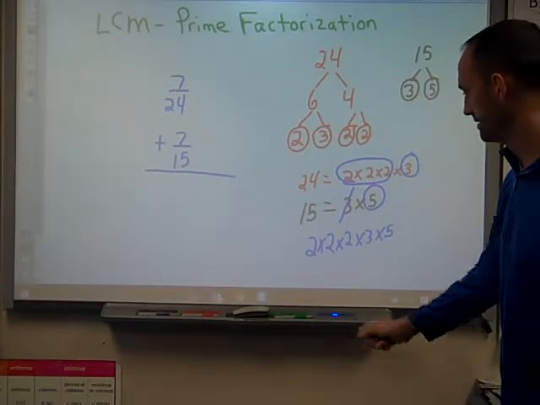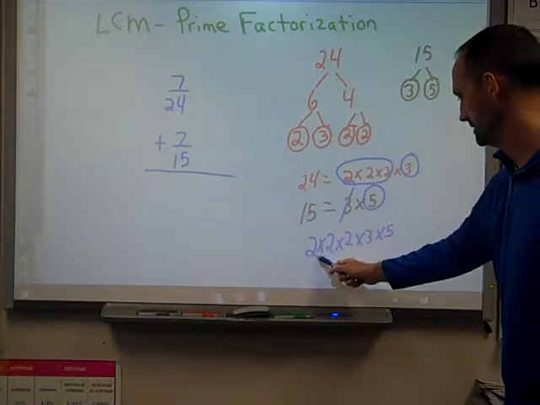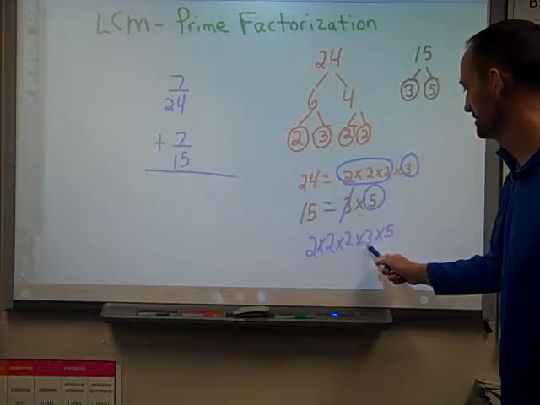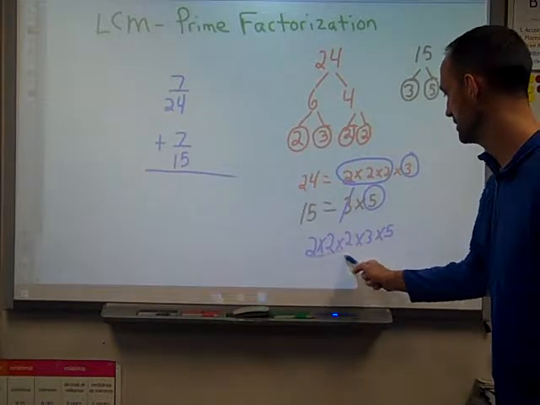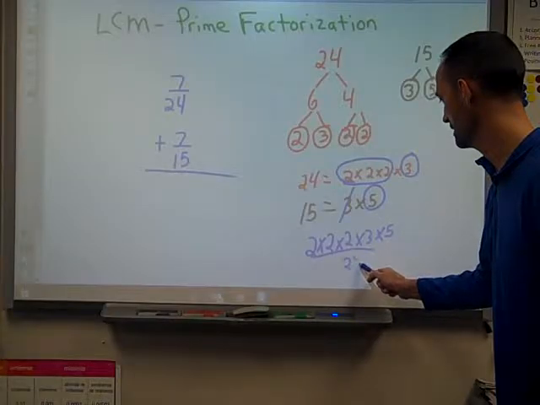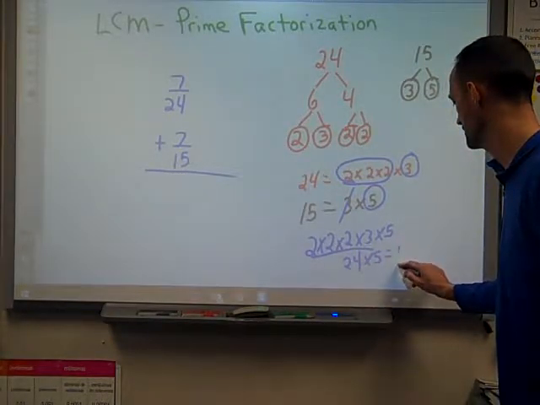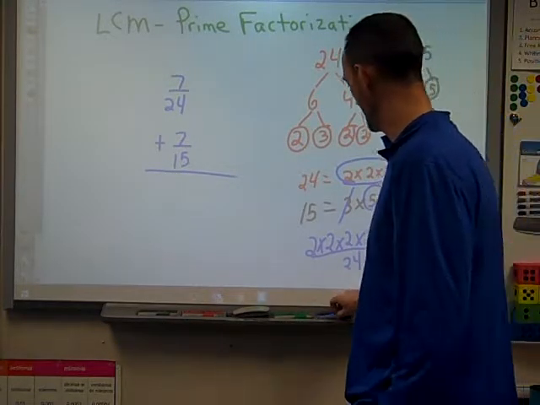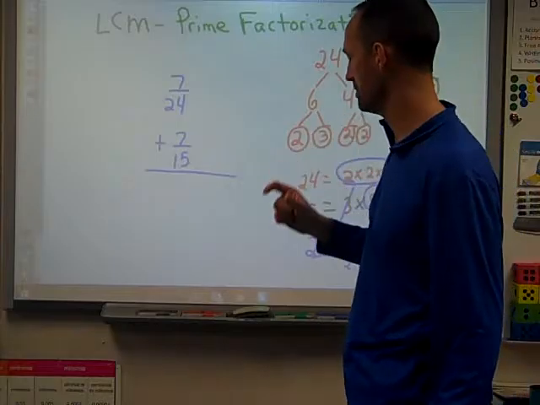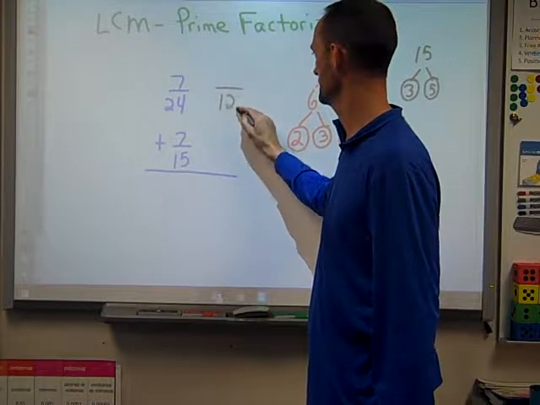Multiply those together. 8, times 3 is 24. So all of this is 24, times 5 is 120. So the smallest denominator that I can use is 120.